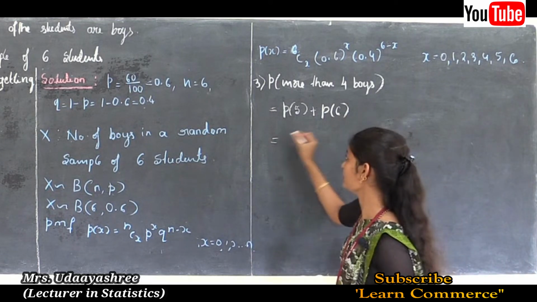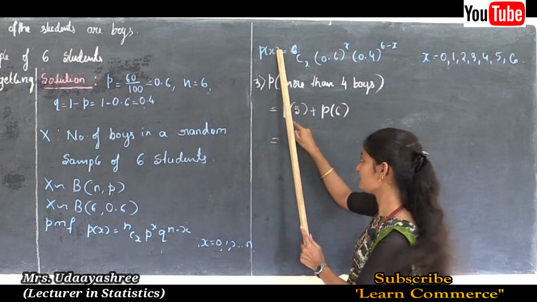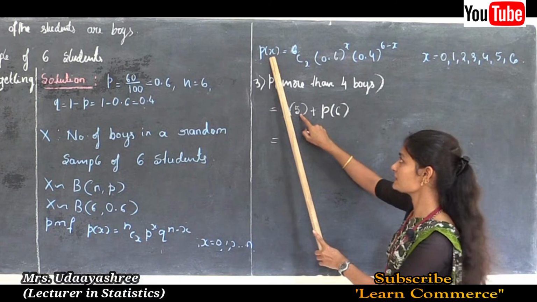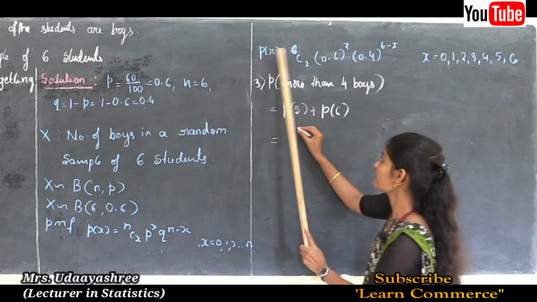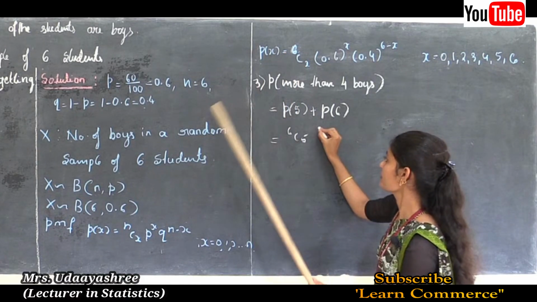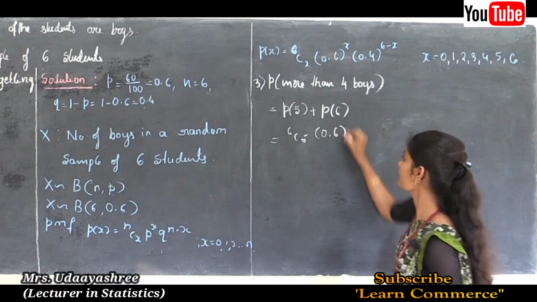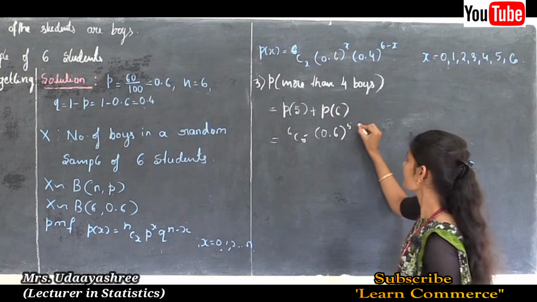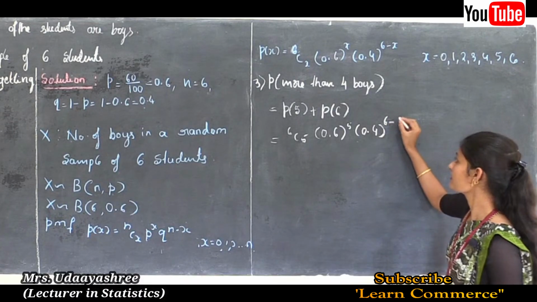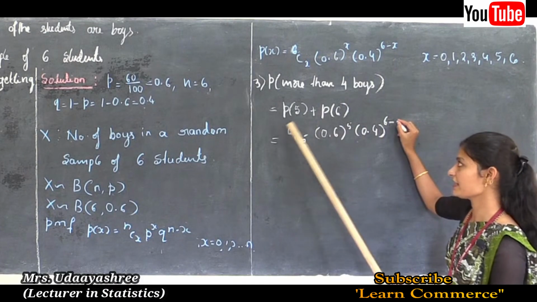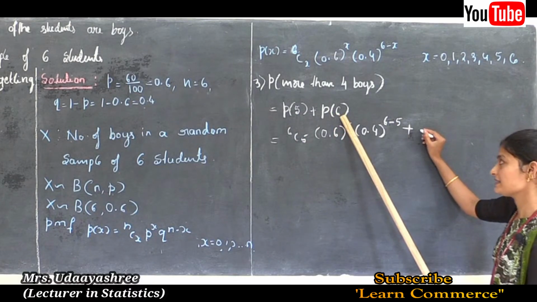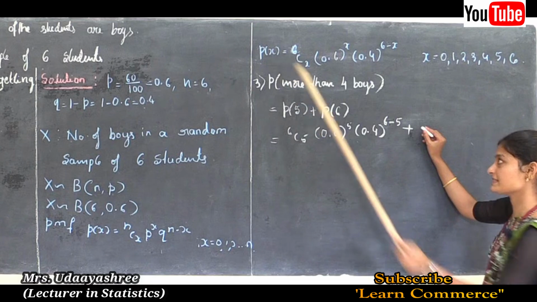Okay, this is equal to, first let us calculate P of 5, let us substitute the values. So, instead of x here 5 is there. So, this is 6C5, 0.6 to the power 5, then 0.4 to the power 6 minus 5, plus, next P of 6, here in the place of x, it is 6.